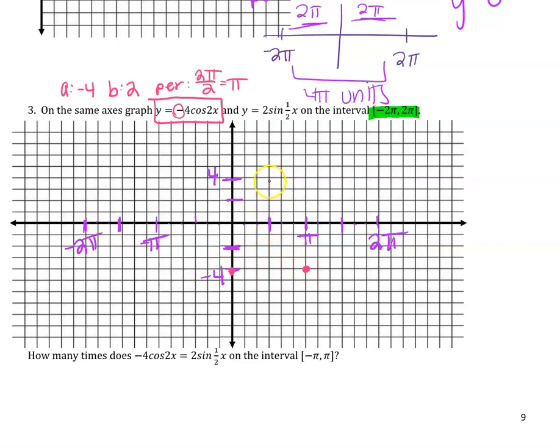Halfway in between, we've got to oscillate above the midline. And then halfway, we're on the midline. And that is one cycle of cosine. And now I just have to repeat that 3 more times to fill out this interval. Okay, and in the negative direction.